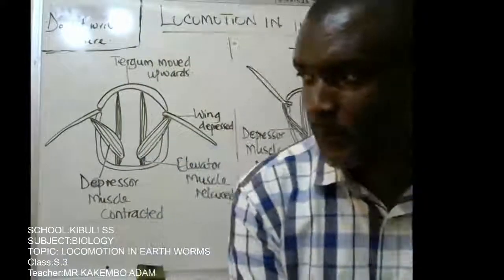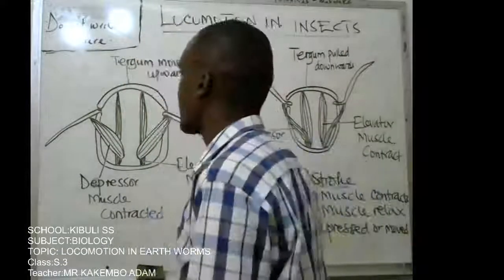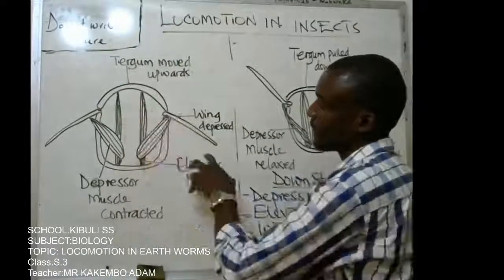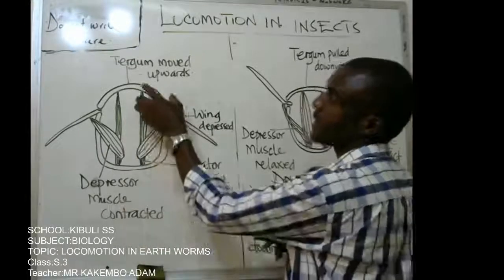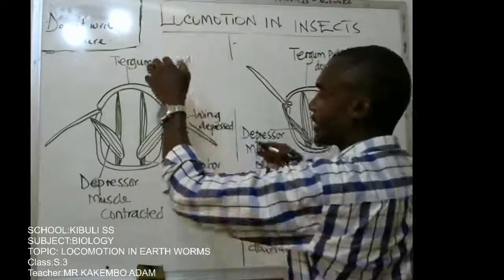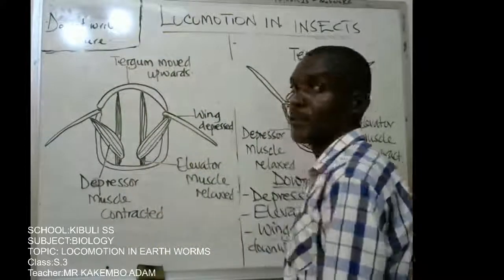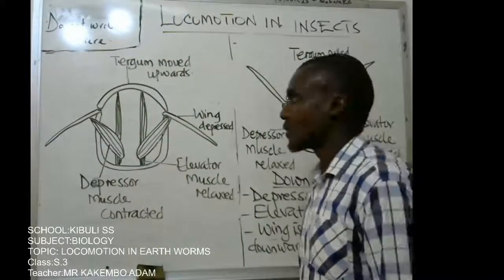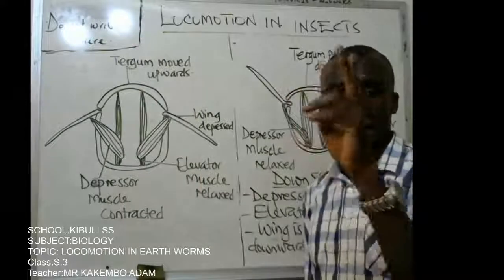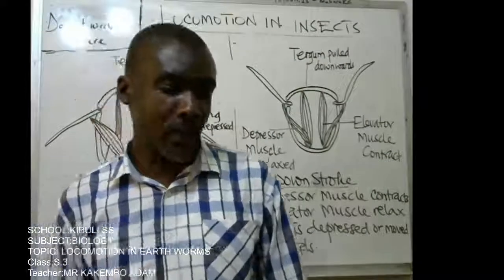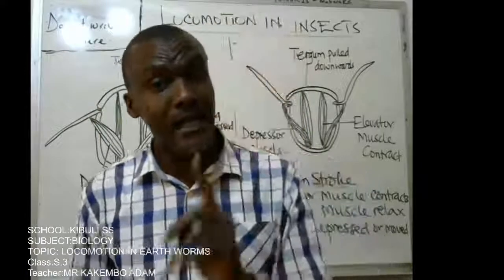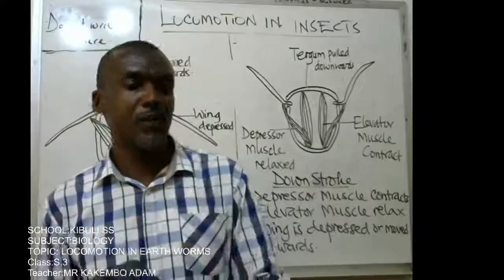That change is very, very important. The elevator muscle relaxed, the depressor muscle contracted, the tagam moved upwards, depressing the wings downwards. So there are two changes, upstroke and downstroke, to achieve flight using the direct flight muscles.